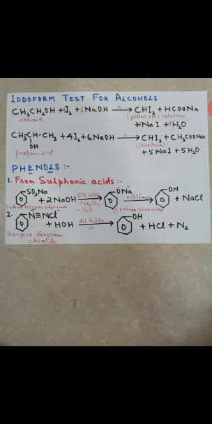Aniline to benzene diazonium chloride, and benzene diazonium chloride to phenol, I have just told you. You have to write it and show it to me, how you got it.